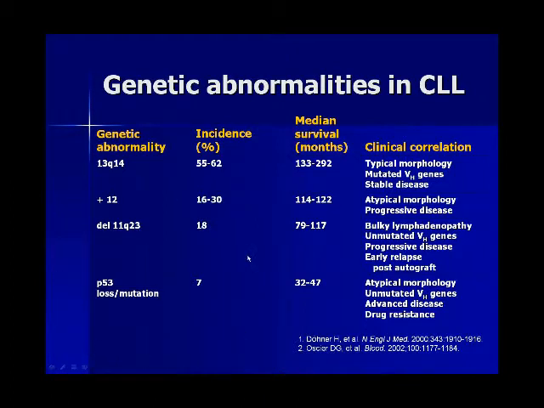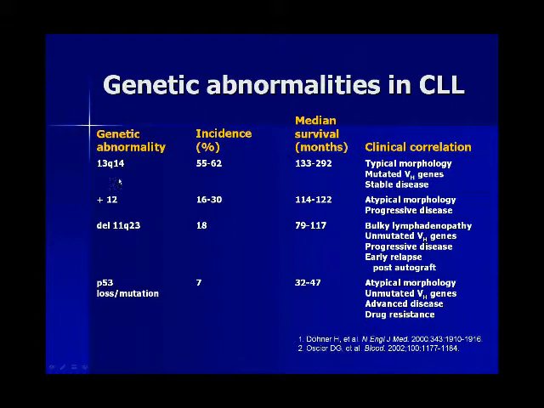Now, people can have no chromosome abnormality, or they can have a variety of other chromosome abnormalities, and these are the most common ones. So again, you may be familiar if you have a particular abnormality yourself. Probably the most common one here is abnormalities involving chromosome 13. The Q means long arm, and the 1-4 is the position on that long arm, whether it's near the top or whether it's near the bottom.